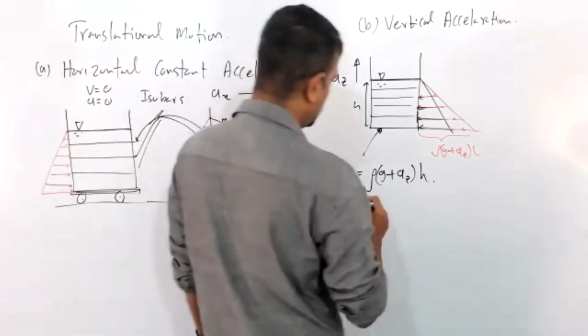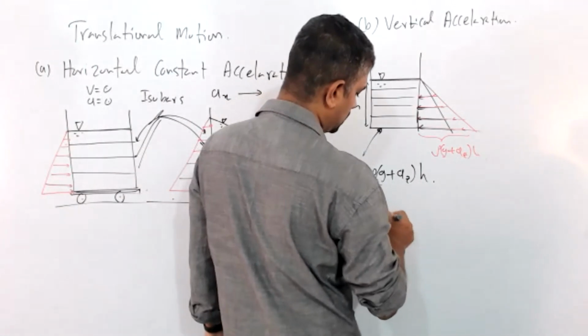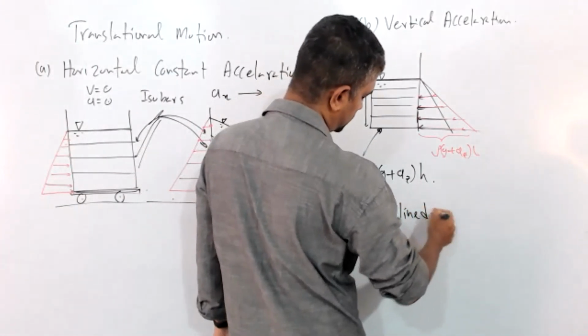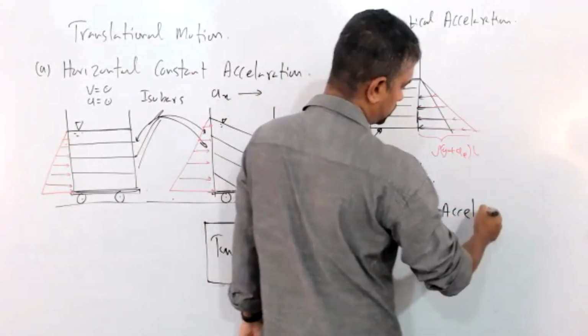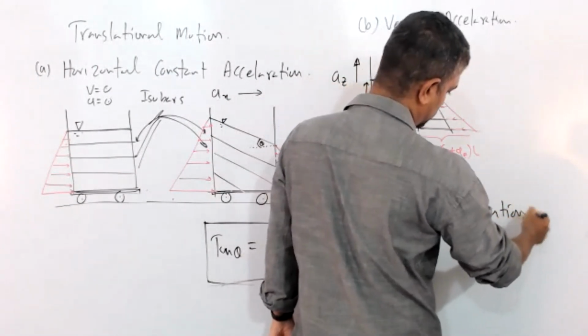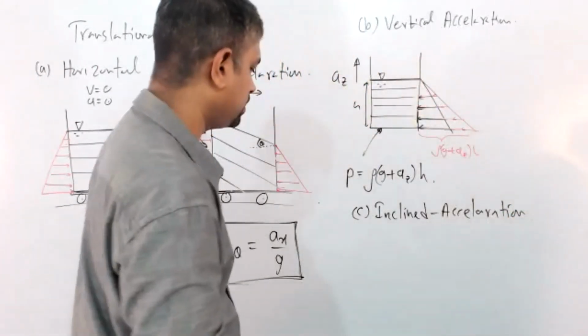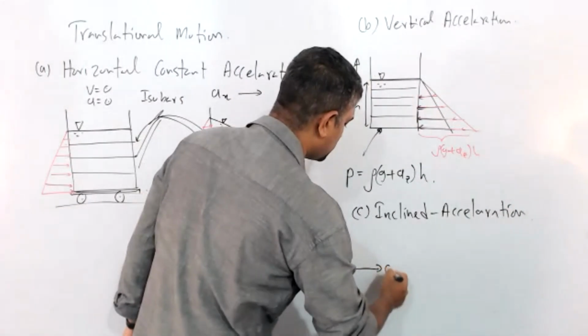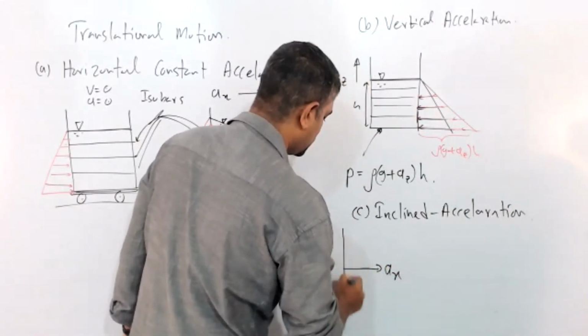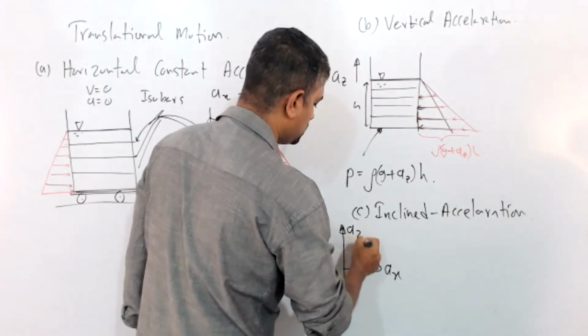Horizontal, vertical, and C is inclined acceleration. Let's say that the horizontal acceleration is ax and there's a vertical acceleration of az.